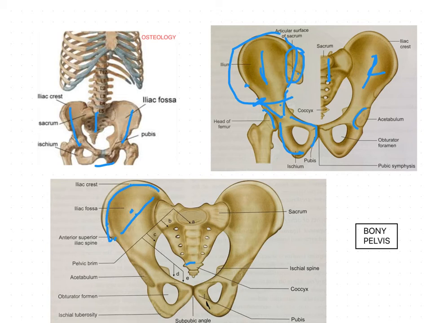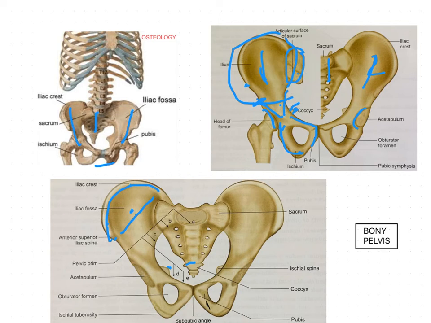Here inside you can see this part is called the ischial spine. That is the spine related to the ischium bone on the medial side. With the presence of the ischial spine, there are two notches.